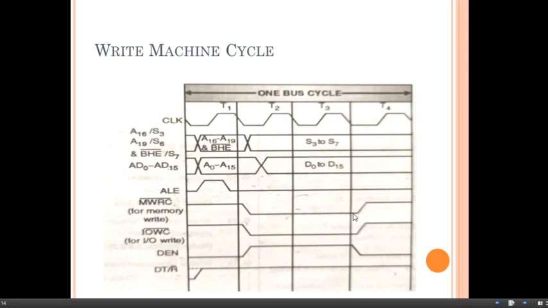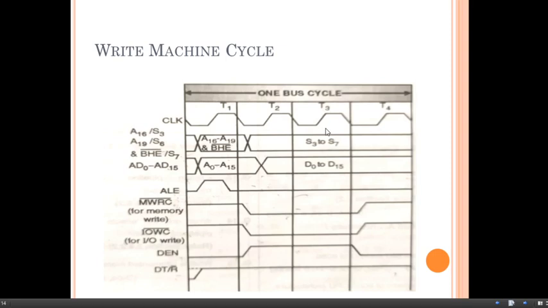And if the ready input is low before or during the T2 clock cycle, then the 8086 will introduce wait T states after this T3 clock cycle, and that will remain as long as the ready remains low. Means the wait state will be introduced after this T3 when the ready becomes low.